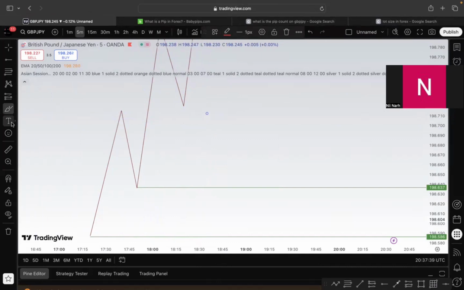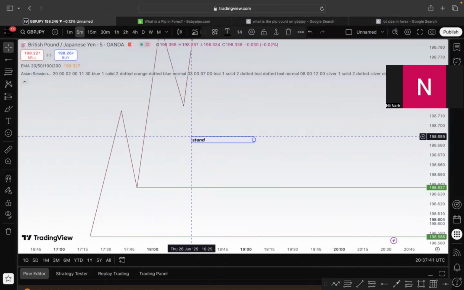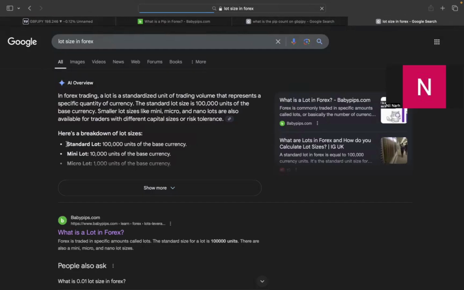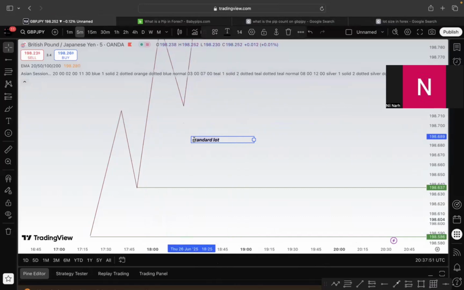So we have standard lots. In fact, let me copy and paste so I don't take long. So, 100,000 units of the base currency.